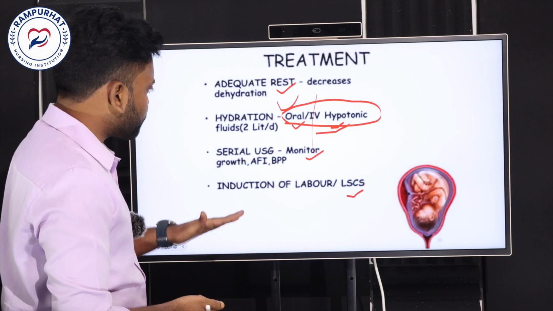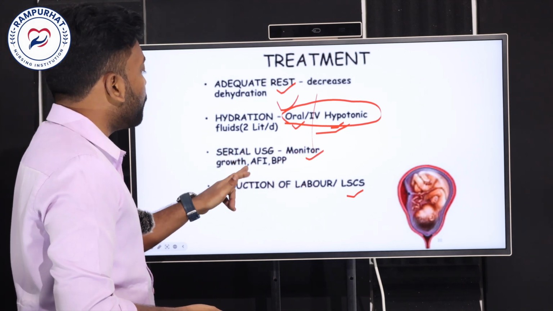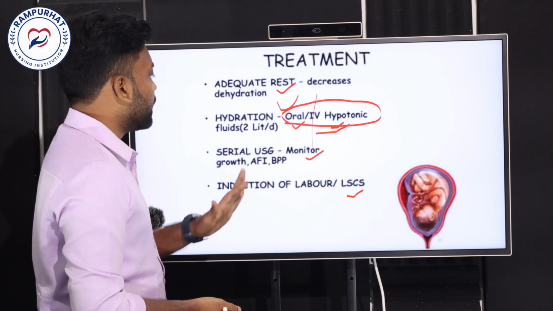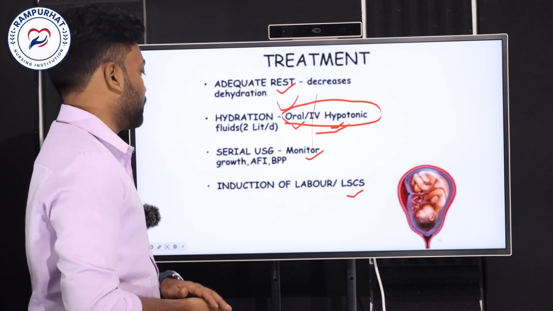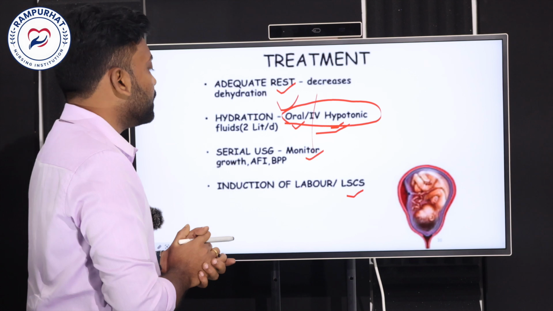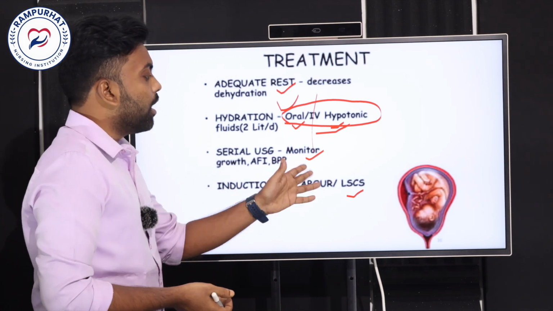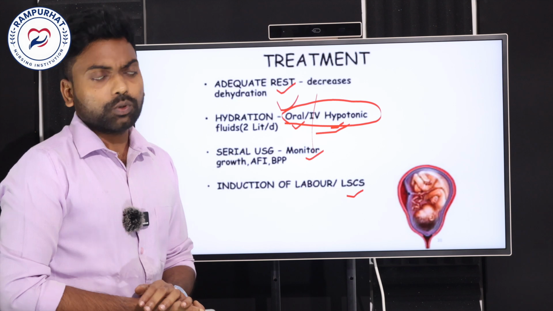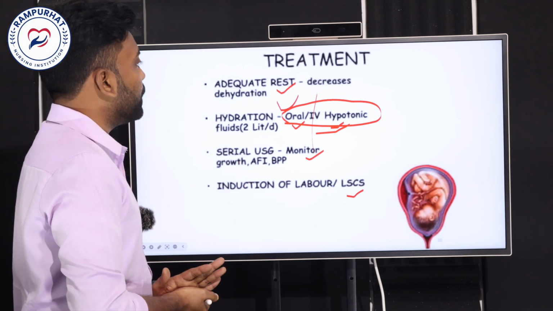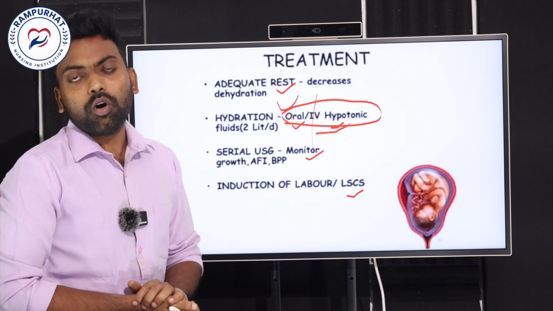Next, monitor the mother with the help of USG and other techniques. And if the mother is in a severe condition, then you need to go for induction of labor as well as LSCS. This is the treatment for oligohydramnios.